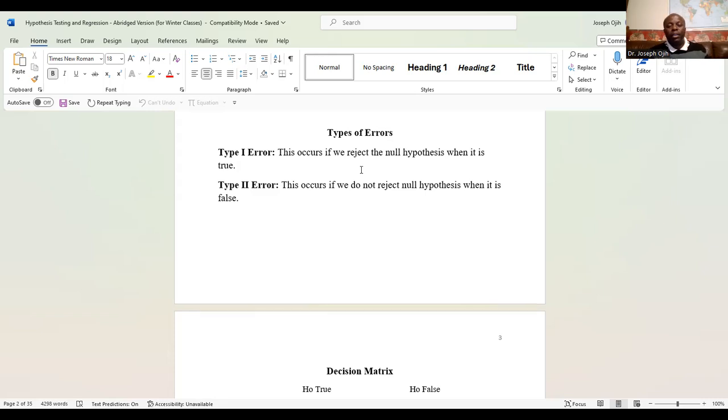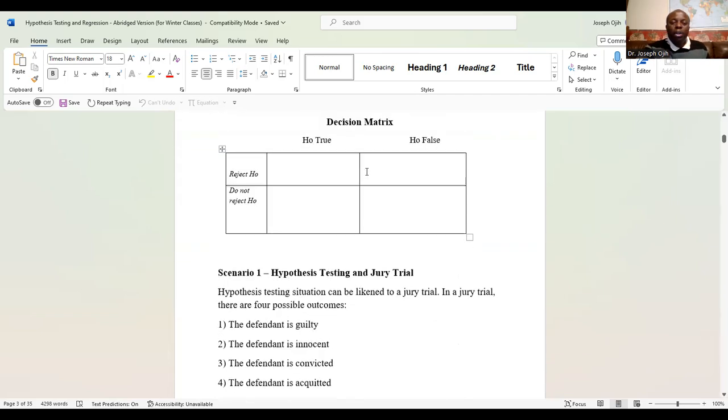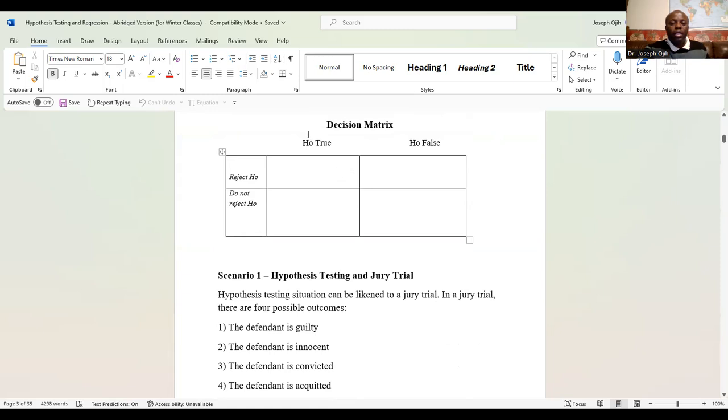Now, type 2 error is committed when we do not reject the null hypothesis when it is false. Now, let me use this matrix to show you how it works. If H0 is true, but we rejected it, we have committed a type 1 error.